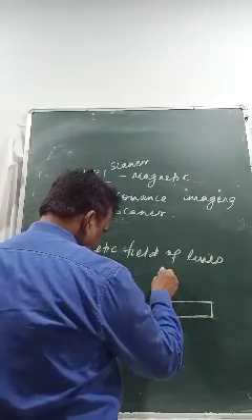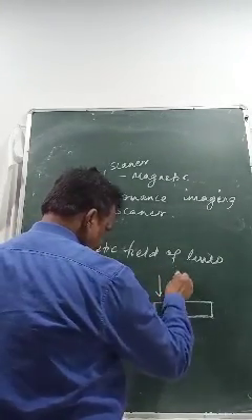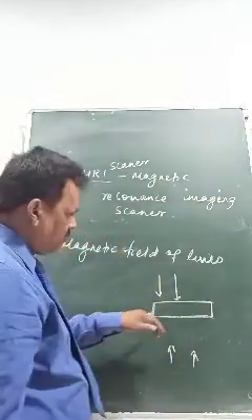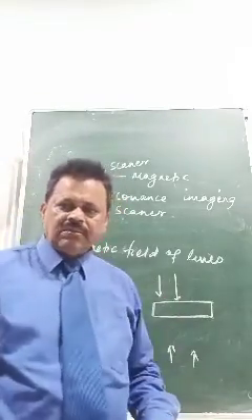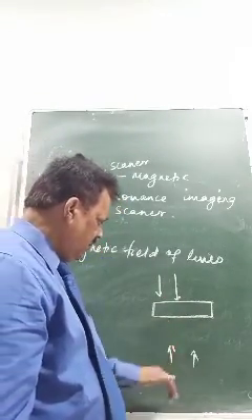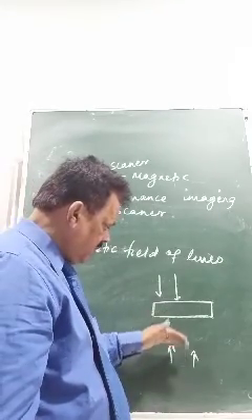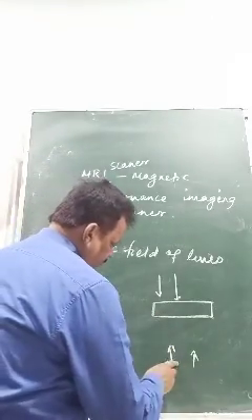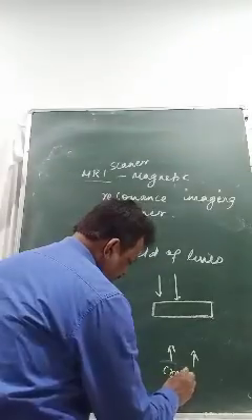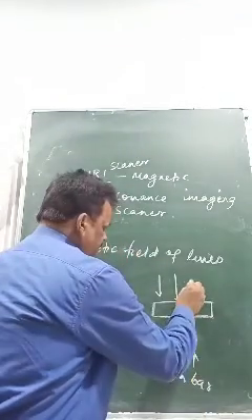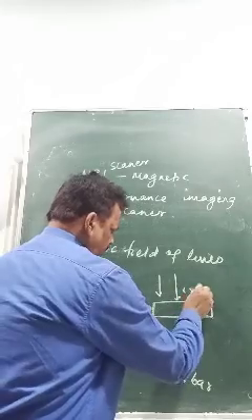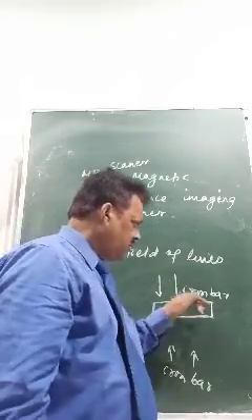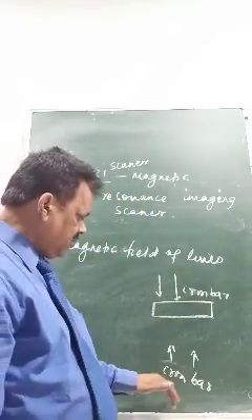Suppose this is a magnet and you bring an iron bar here: you will see more attraction when it is closer and less attraction when it is away.